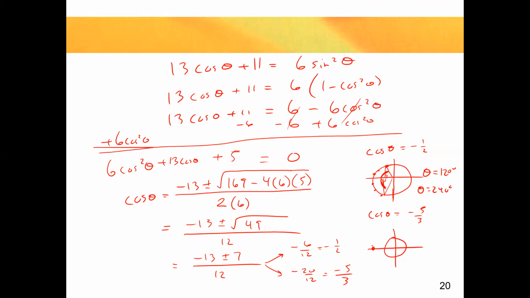Never. Now, you can't have anything that's higher than 1, and you can't have anything that's less than negative 1. So in this case, you can put never. What's the little funny symbol that we use? A fat zero with a slash through it.